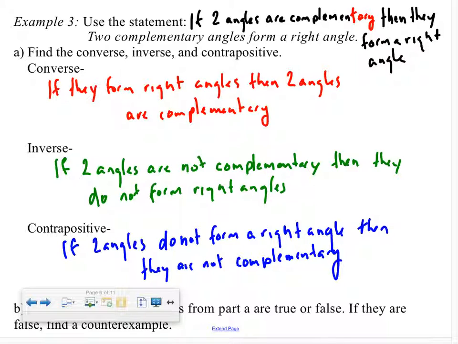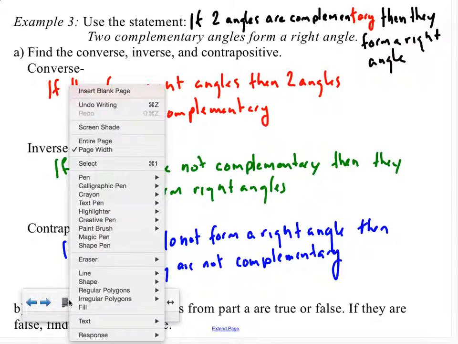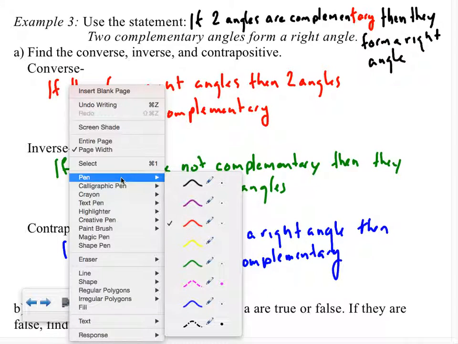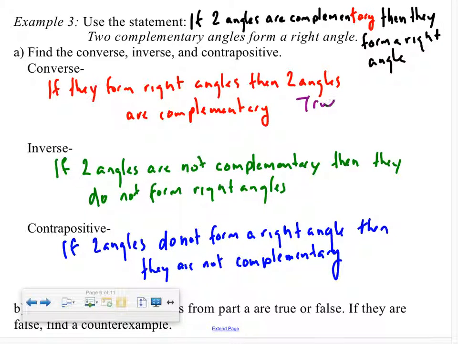Think about the truth value of these statements. If you remember what complementary means by definition, angles that sum to be 90 degrees, it turns out that every one of these are true. So this is true, true, and true.